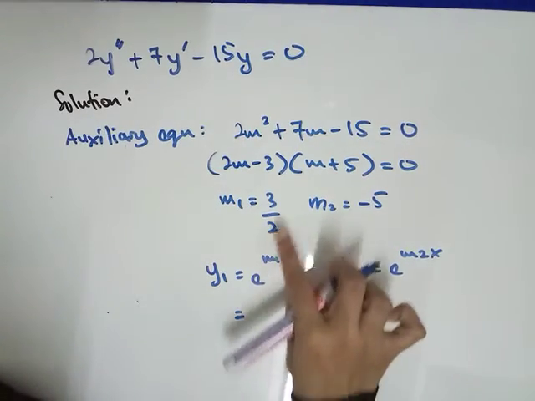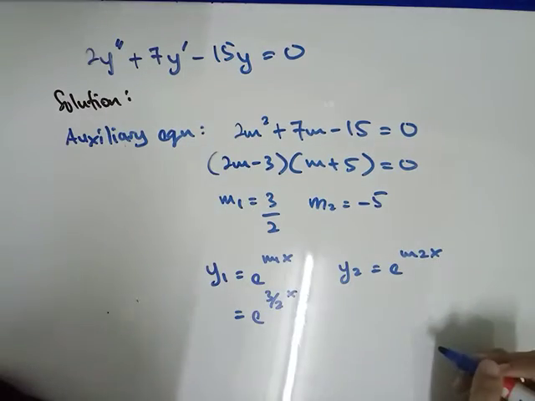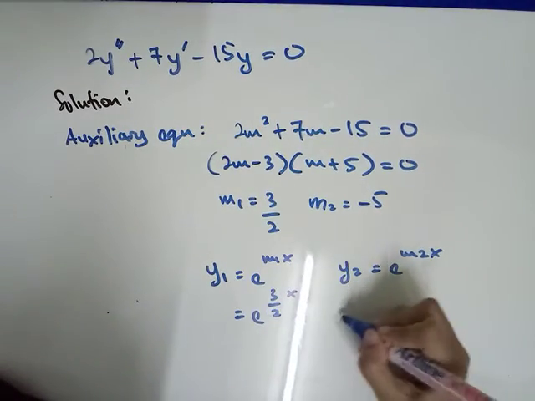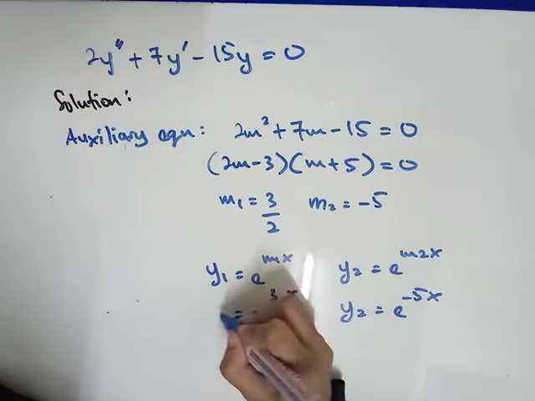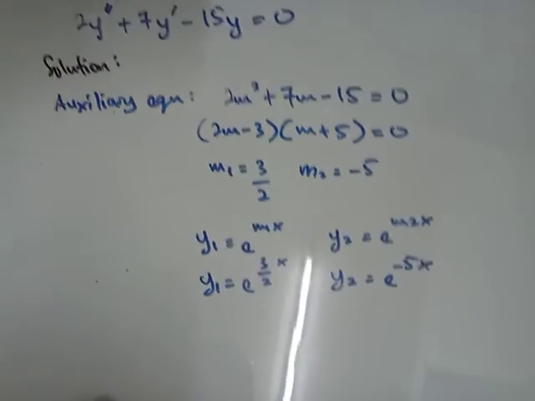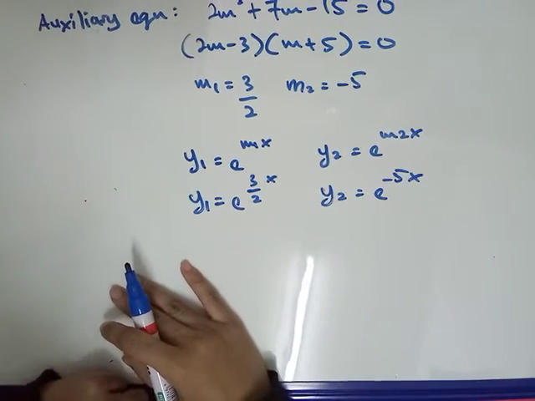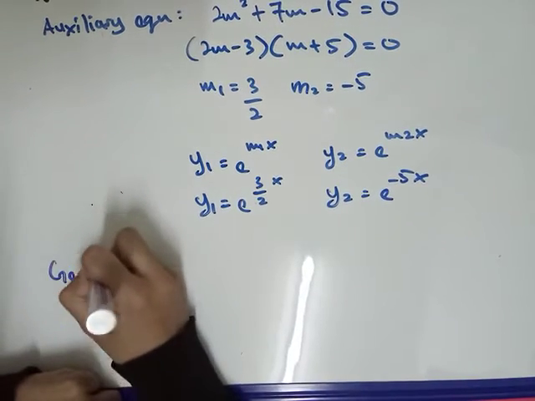We know that m1 is 3 over 2. Masukkan dia, 3 over 2x. And then y2 is equal exponent negative 5x. Dapat ini. And then what? The general solution. Substitute into general solution.